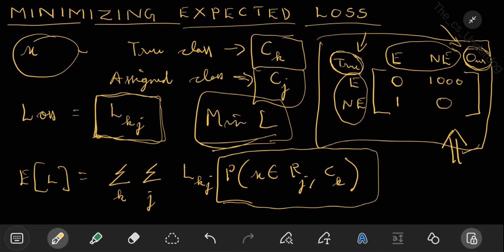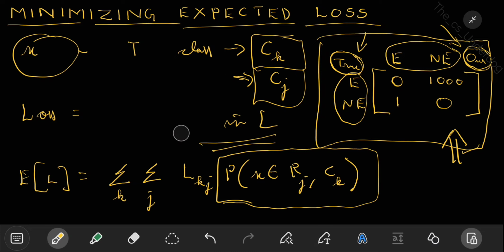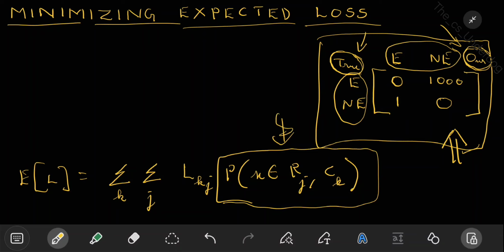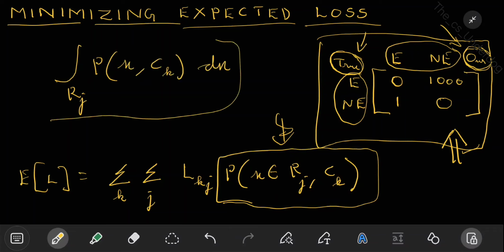This can be written as how? Let me rub this off, and instead of this term, I can write it as integral over the area rj of P of x ck dx. What will this give me?